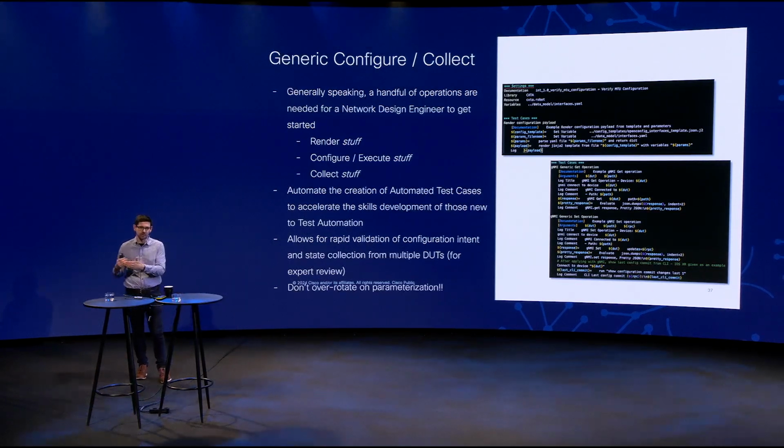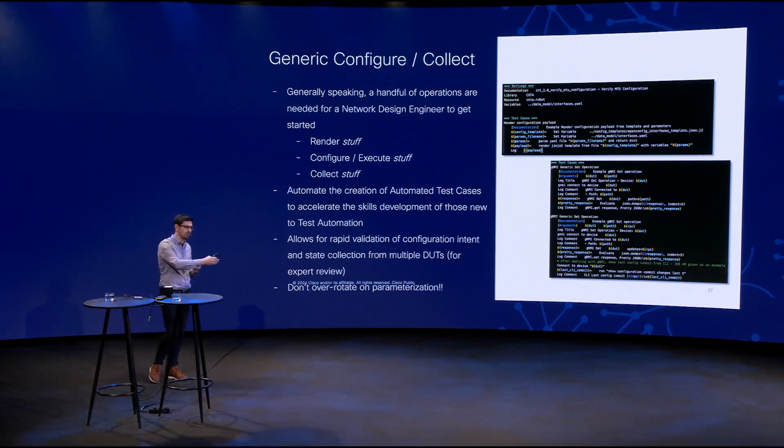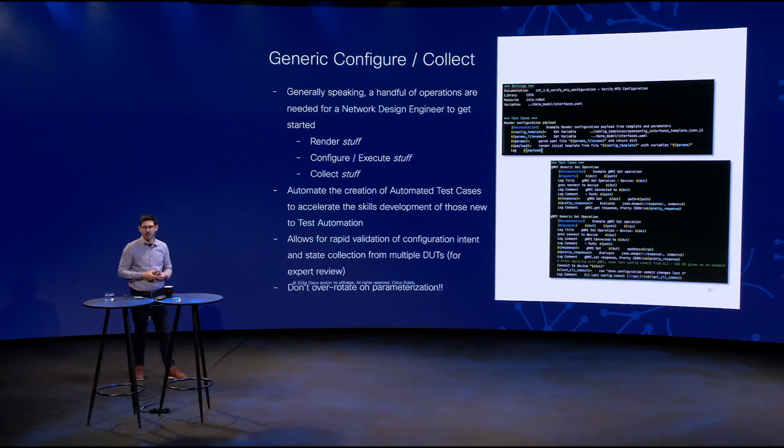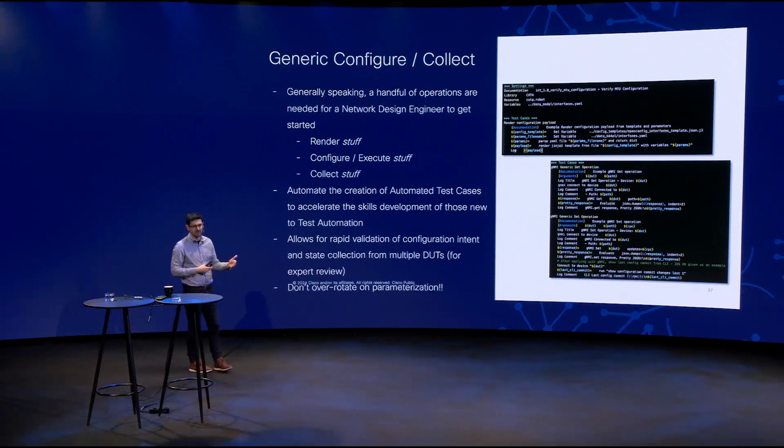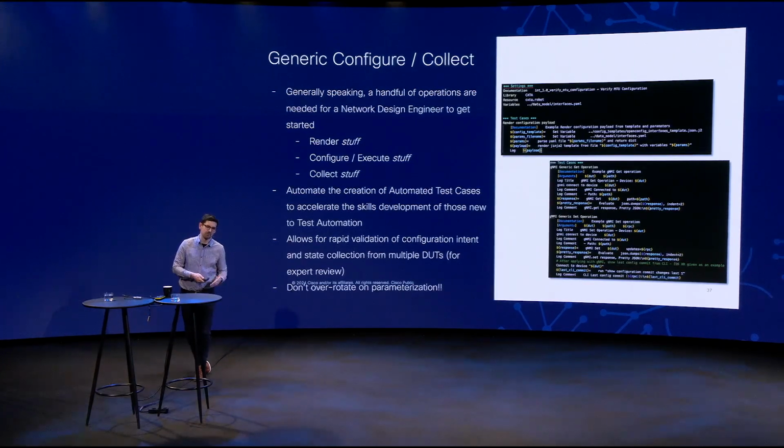It should be fully rendered so that somebody can read it top to bottom. They don't have to go and look in a data model. They don't have to query separate files to see what a parameter looks like. So there is a point where it's better to have an absolute rendered test case rather than an overly parameterized template.